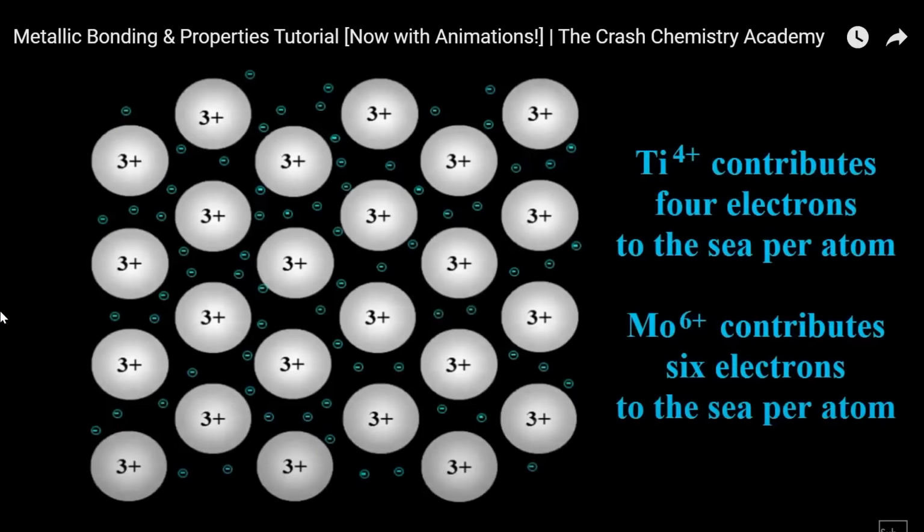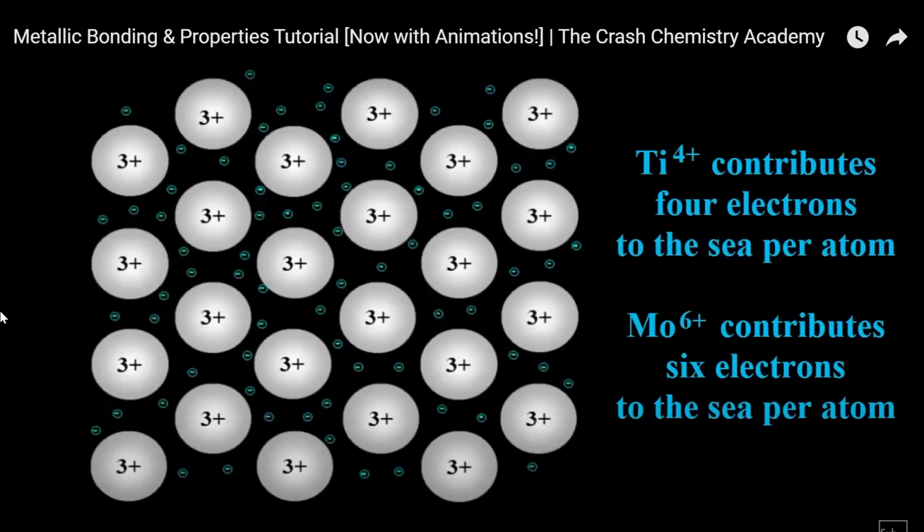Okay, so what he's talking about here is that some of the transition metals have many, many valence electrons. Like molybdenum has 6 valence electrons. And if you recall, the bigger the charge, the bigger the force. The bigger the charge, the bigger the attraction.